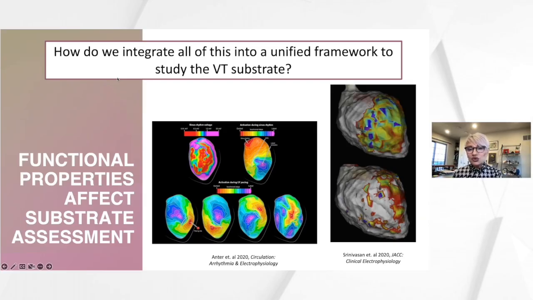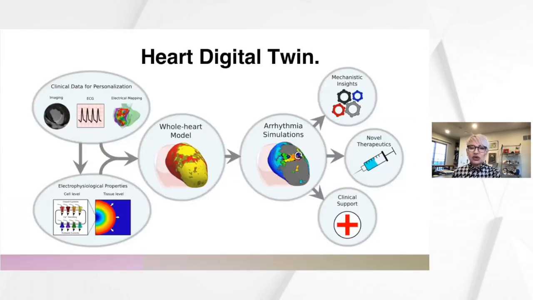So how do we integrate all this new information in some unified framework to study the VT substrate? For those who are familiar with my work, you know that we do what we call a virtual heart approach, also called heart digital twin, where we reconstruct patients' hearts, typically from imaging modalities, and we also incorporate some data for personalization of the electrophysiological properties.